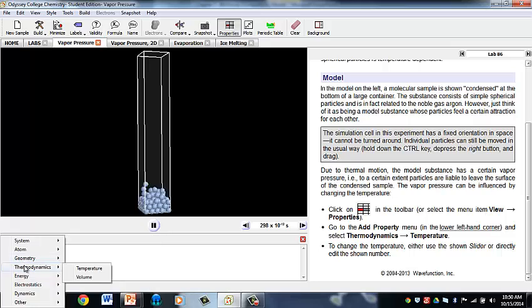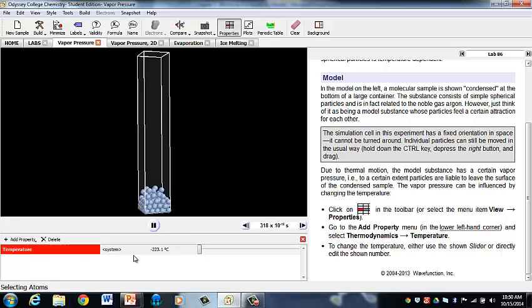Occasionally a particle is going to escape. What I can do is change the temperature a little bit. And if I increase the temperature, what will happen is I'll increase the amount of kinetic energy they have, and so more of them start to have enough energy to break away. But then some of them, when they come back down, don't have enough energy to bounce off, and so they stick back to the surface.